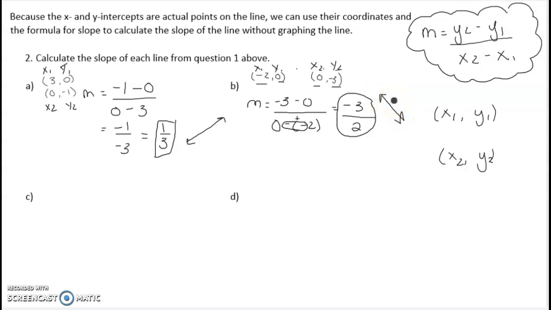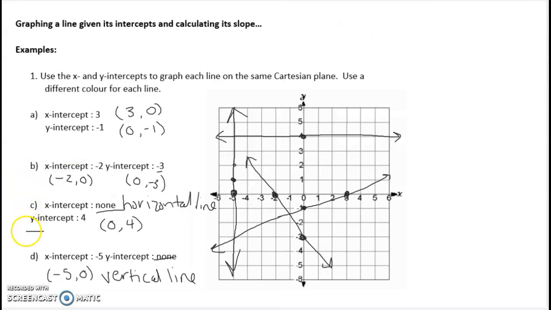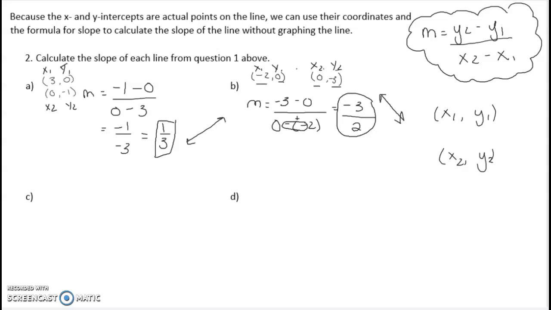Okay, so C, that was this one right here. Oopsie, that was supposed to be this. So the line has x-intercept 0 and y-intercept -4, and this is a horizontal line.